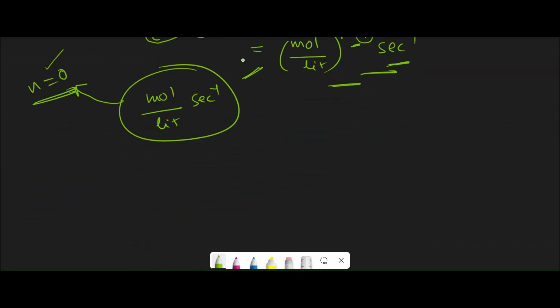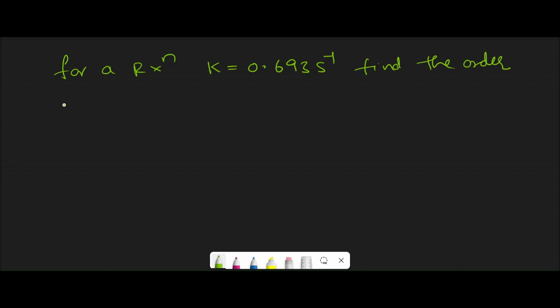Now let's see how questions will be asked in examinations. Suppose they have given a question like this: for a reaction, the rate constant is 0.693 second inverse. Then find the order of the reaction. They have given the options 0, 1, 2, 3.